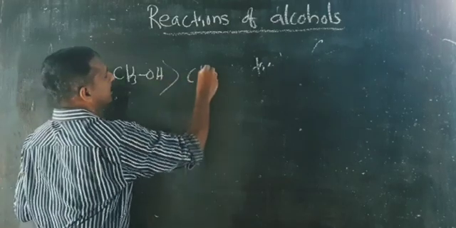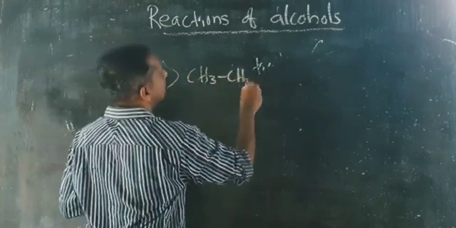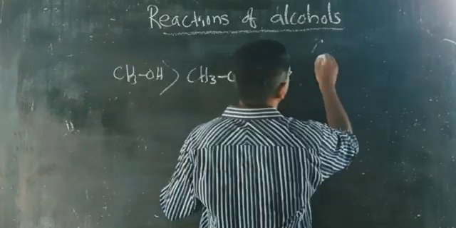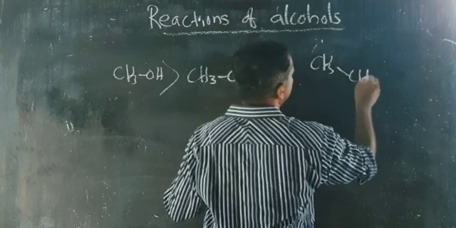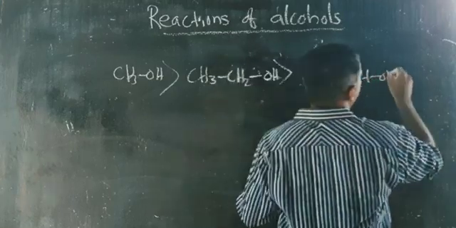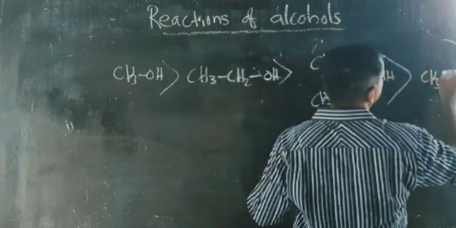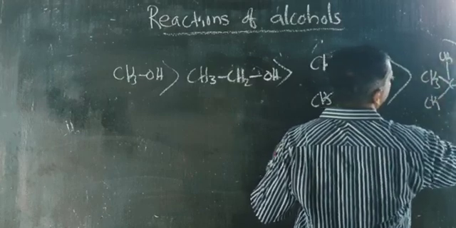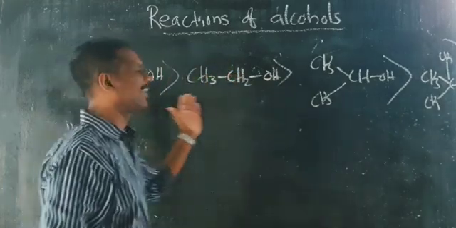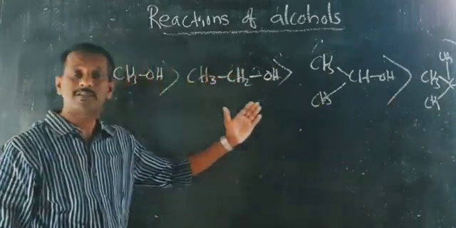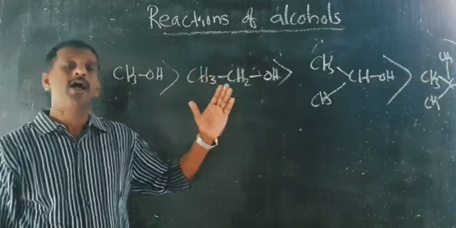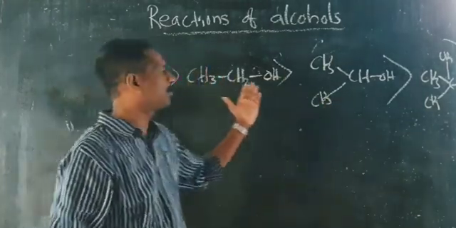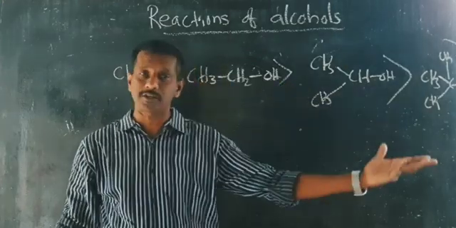Then when you compare with ethanol, CH3CH2OH, or a secondary alcohol, and the least reactive is the tertiary alcohol. What is the reason? We know that the steric factor is increasing. Therefore, its ability to react with the acid will decrease. That means this is the order of reactivity of alcohols towards esterification reaction.